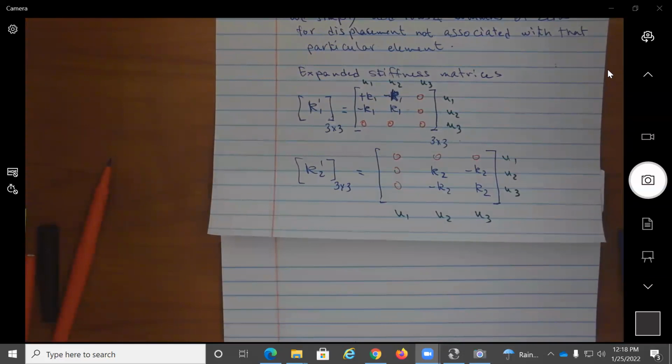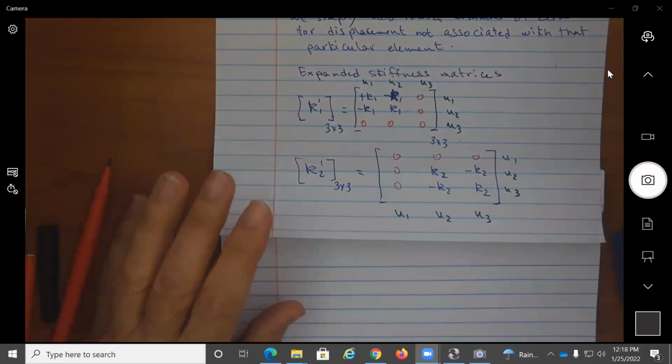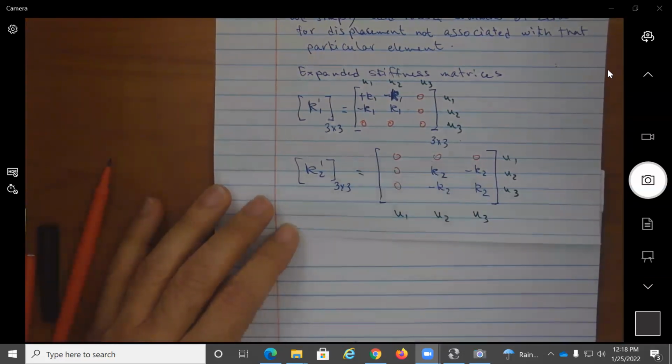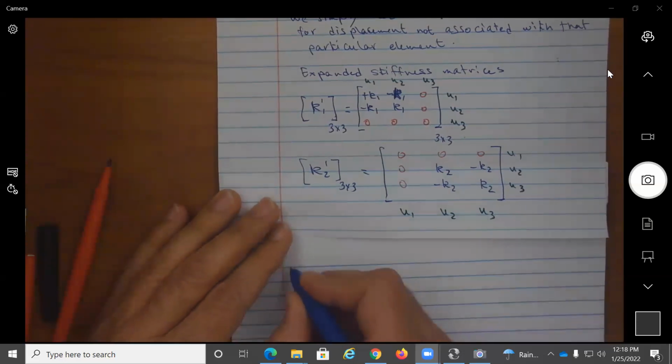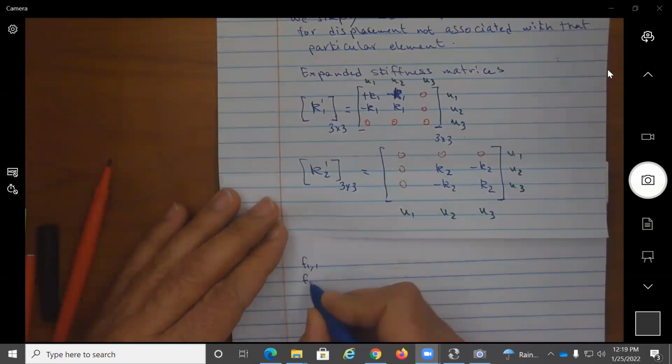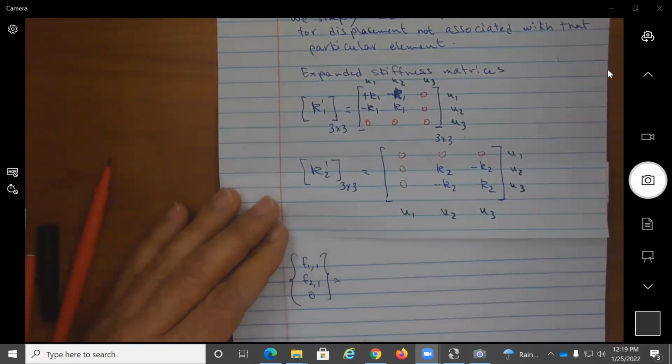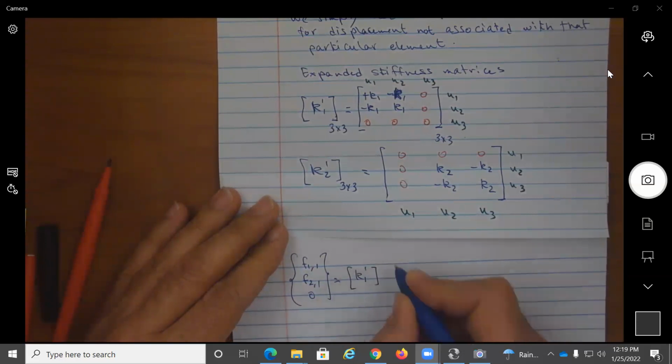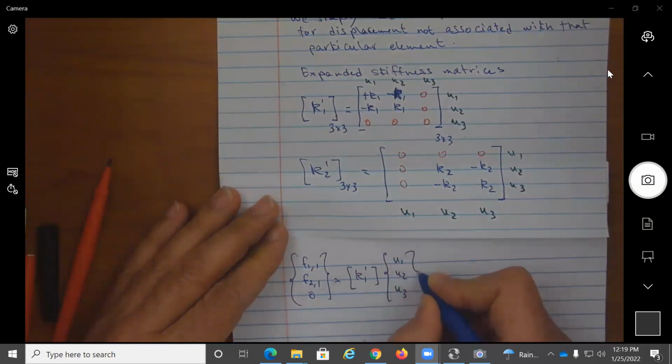Now, if you're wondering how we're going to relate these expanded element stiffness matrices to element nodal forces and element nodal displacements, I can simply write it as F11, F21, and 0 is equal to this K1 prime multiplied by U1, U2, and U3.